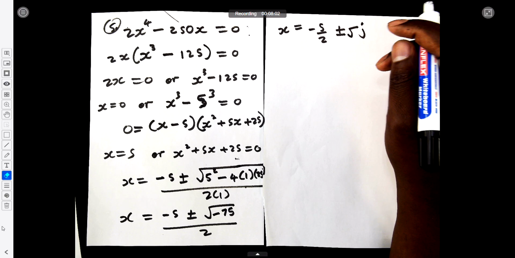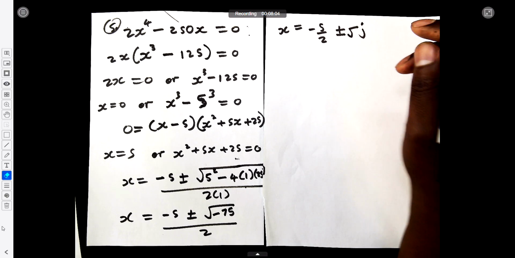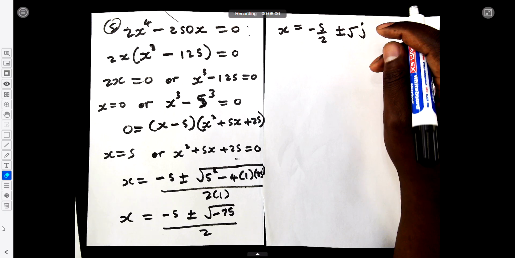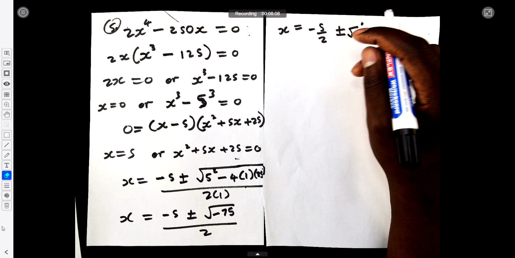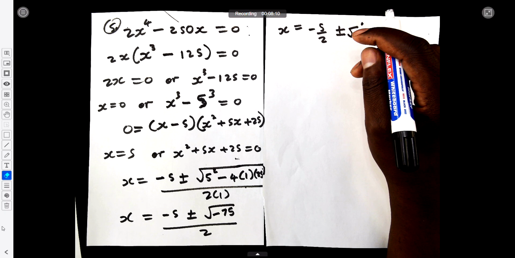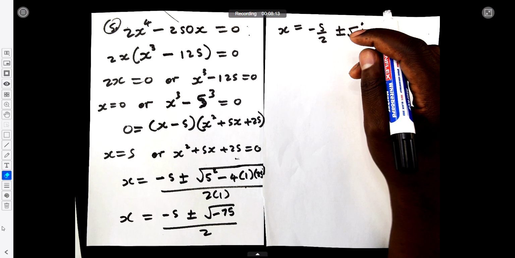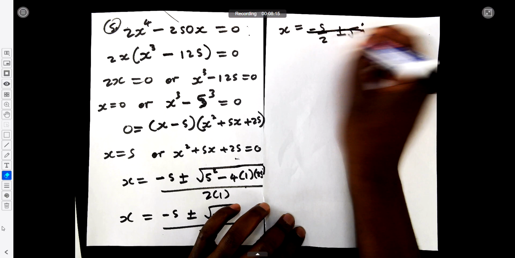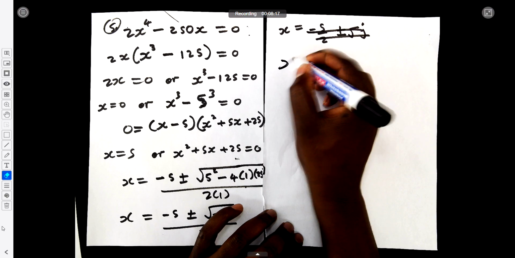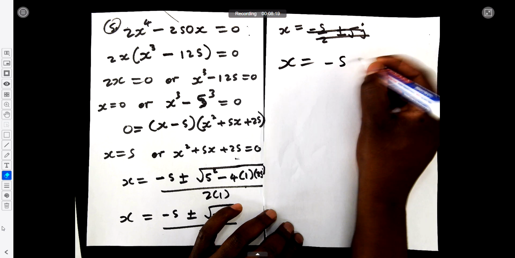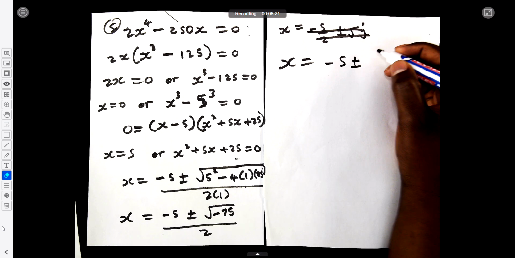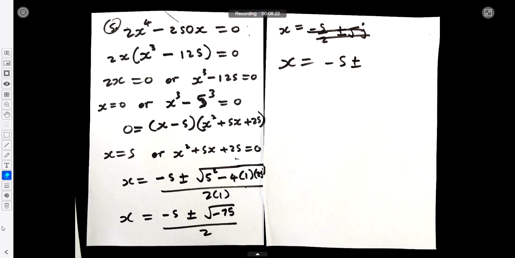Okay. 5 squared is what? It's 25. So maybe you can try and split it, maybe 2 times 25, right? Yeah, 3 times 25. I want to express it in that way. Let me not skip this step. So I'm trying to figure out the root there.